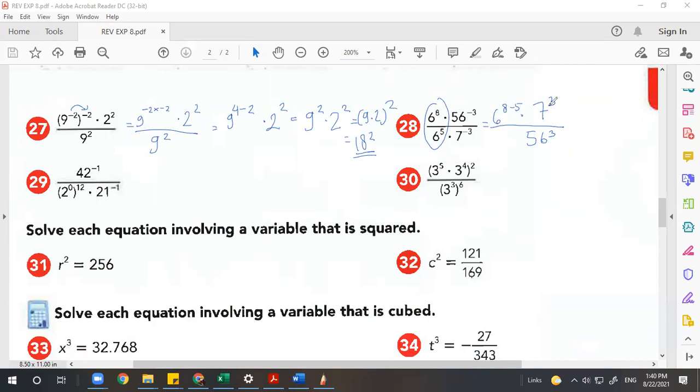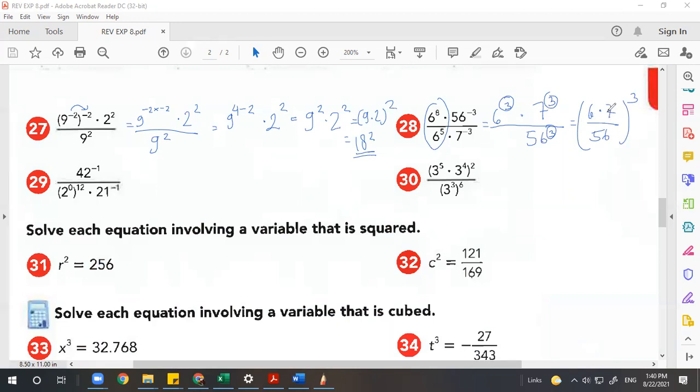Yeah. Okay. Now, this is 3 also. 8 minus 5 is 3. You can erase this. You can change it to 3. And we deal with the same power, right? So 6 times 7 over 56 to the power of 3. Make sense? Get rid of the power if the power is the same.